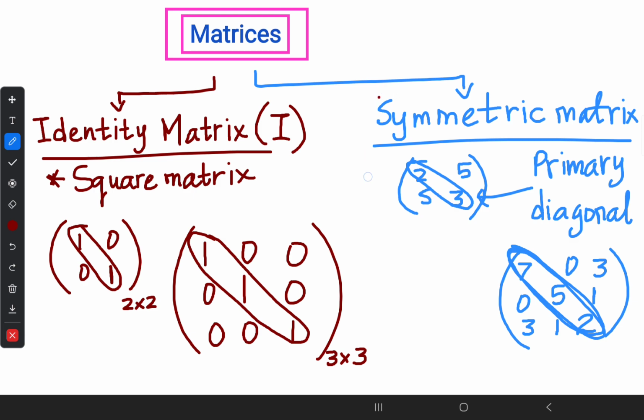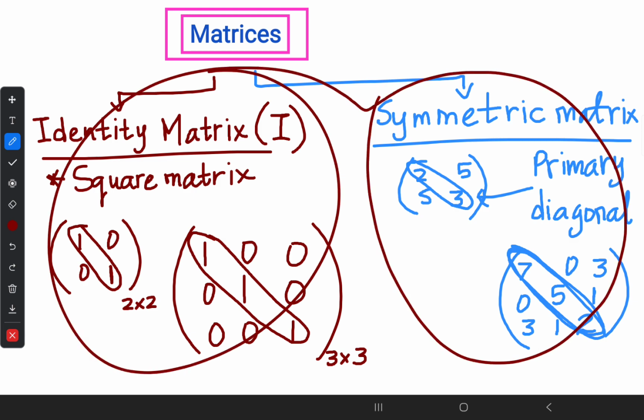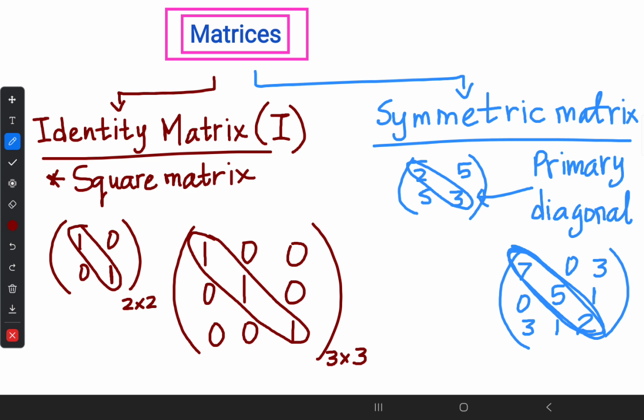There is some difference between the symmetrical matrix and this one. I will show you. For a symmetrical matrix, it doesn't matter what the primary diagonal is; other values should be the same. But in this case, there is a restriction: the primary diagonal should have 1 and other values should be 0.